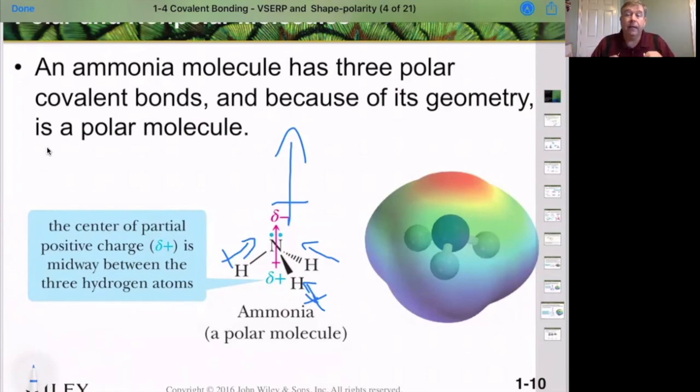So notice that we take each polar bond, figure out which direction it is pulling based on electronegativity, and then sum those bonds together to get the molecular polarity. So we have to take the bonds and add them all together to get our molecular polarity. Okay.